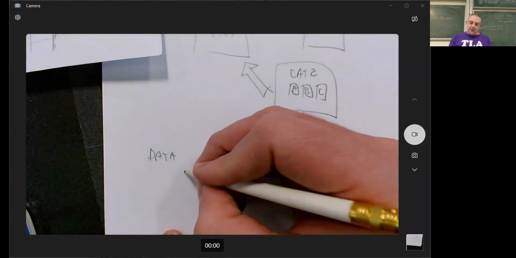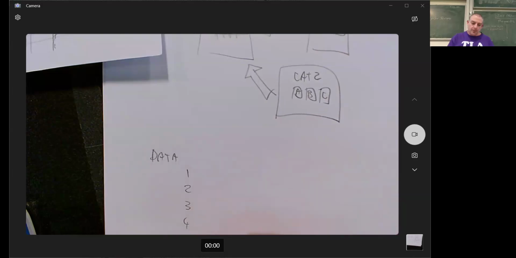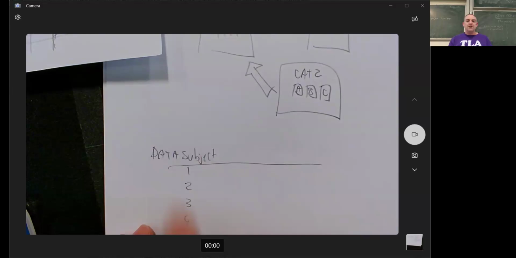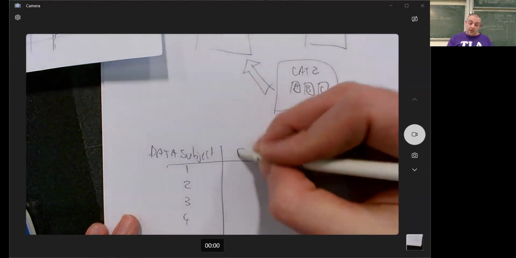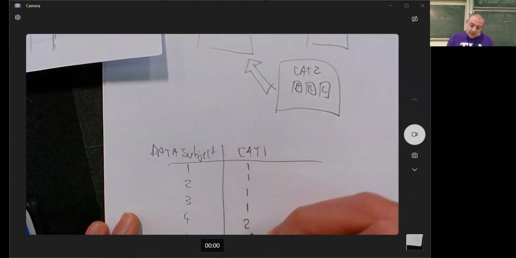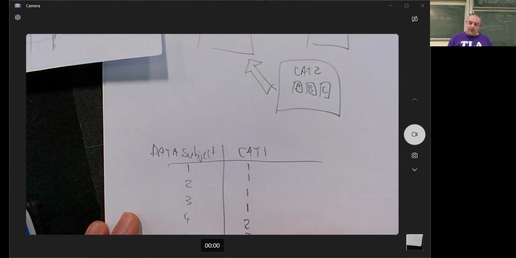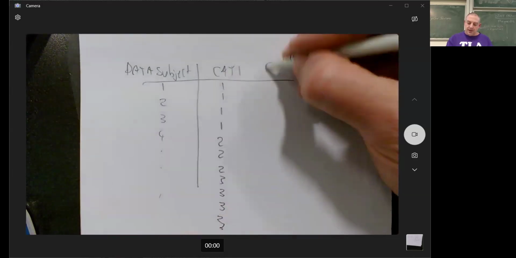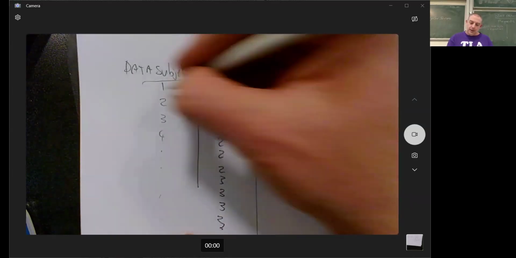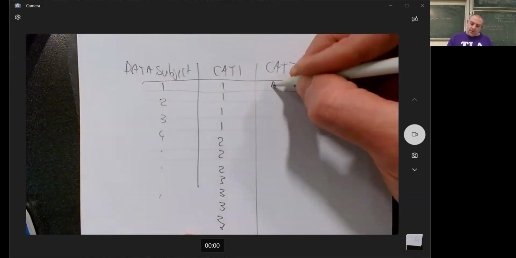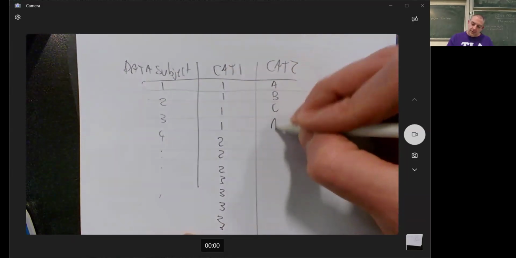And so it would have your people, or whatever they are. It might not have this column, but R will have it on the side anyway. I have numbers. There'll be category number 1, and these ones might be in number 1, and then like that. And then it'll have category number 2. And so maybe there'll be A, B, C.